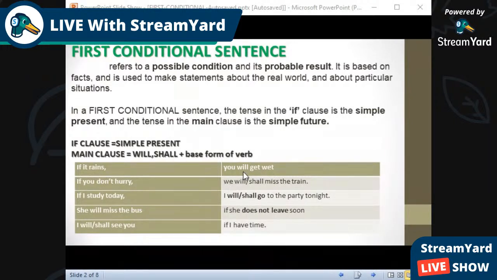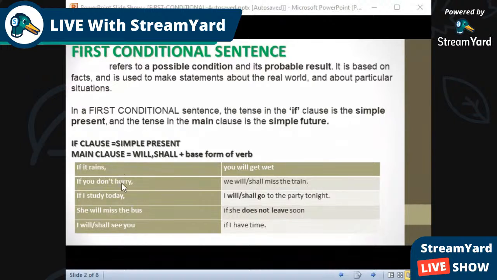Then in the result, you have you will get wet. What will happen? The result is that you use the subject you and then the future will get wet. Another example, if you don't hurry.